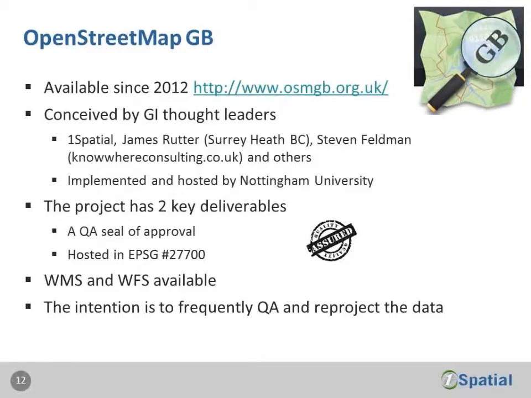One thing that restricts take-up of OpenStreetMap in the UK is the fact that local authorities or organisations have to do some work to the data beforehand to reproject it into British National Grid or EPSG 27700, because it's natively hosted in lat long.